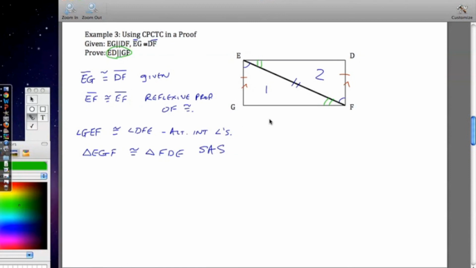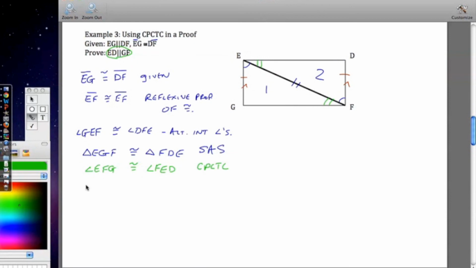Okay? So now that we have these two triangles are congruent, 1 and 2 are congruent, we can say that angle EFG is congruent to angle FED, because that's a corresponding part of congruent triangles and it's congruent.